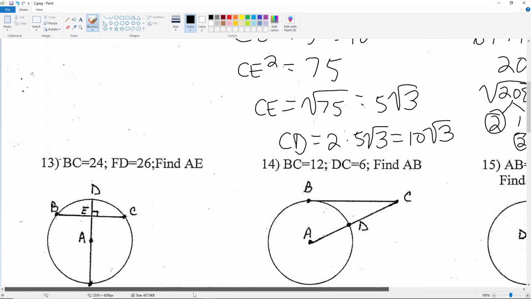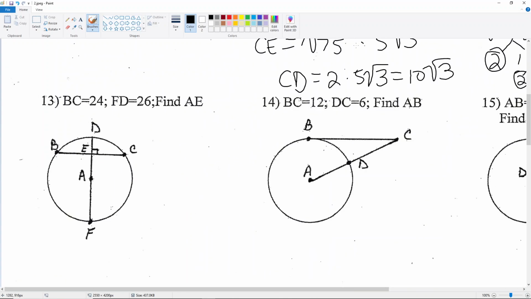We're trying to do all of these. Next one. BC is 24, and since this is cut by a radius, this is 12 and this is 12. FD is 26. That means the radius is 13. It wants you to find AE. If you had memorized your Pythagorean triples, 5, 12, 13 is a Pythagorean triple.